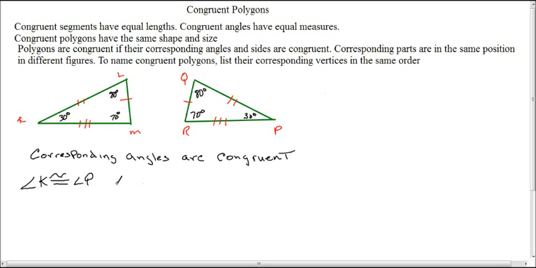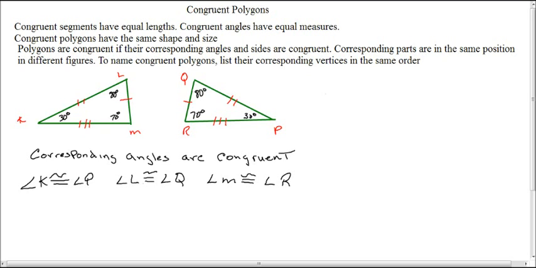So we can say that angle L is congruent to angle Q. Okay, if we look a little bit further, we see that M and R has the same measure. So we can say angle M is congruent to angle R. Okay, so putting this together, again, we can say our corresponding angles are congruent.